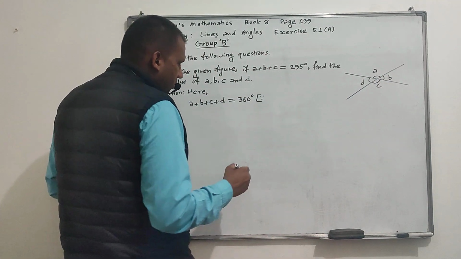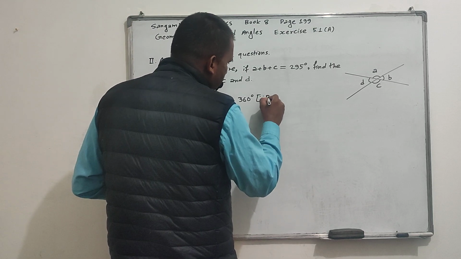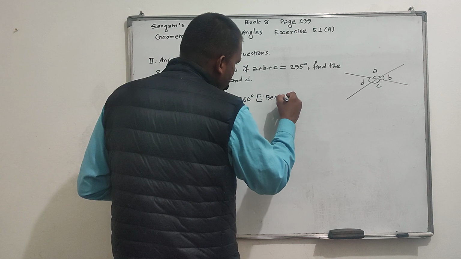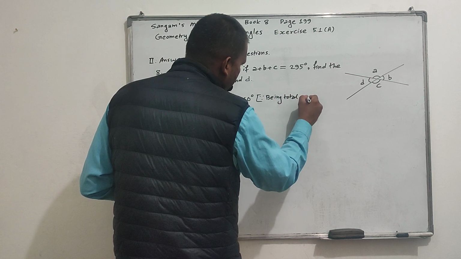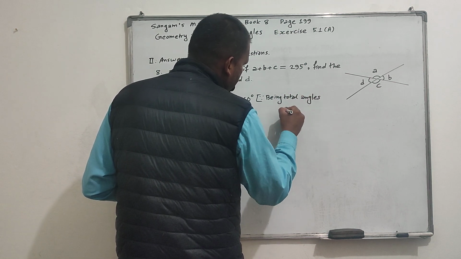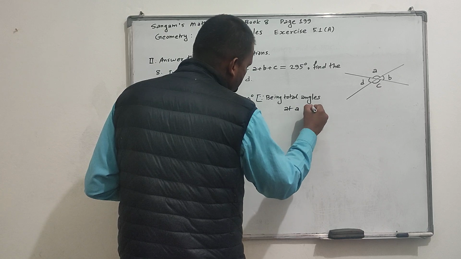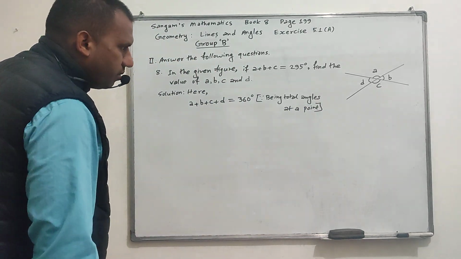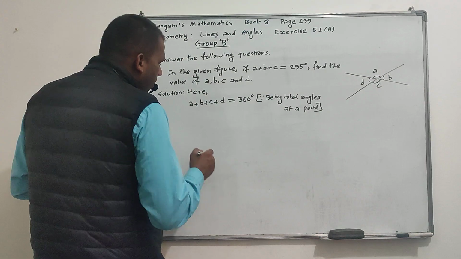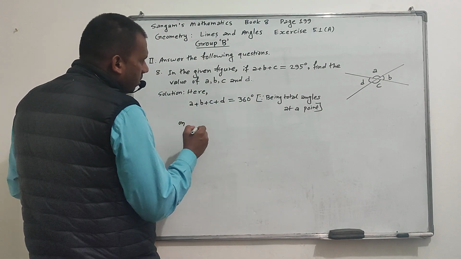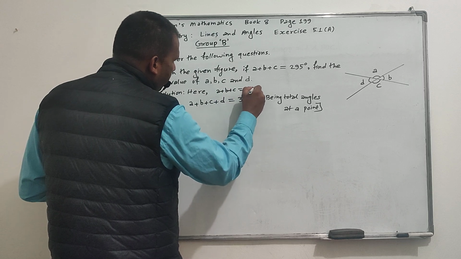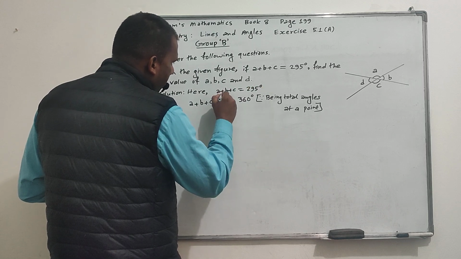So, being total angles at a point, or you can say being complete turn or complete angle, or here a plus b plus c equal to 295, that is given. So we can write its value.